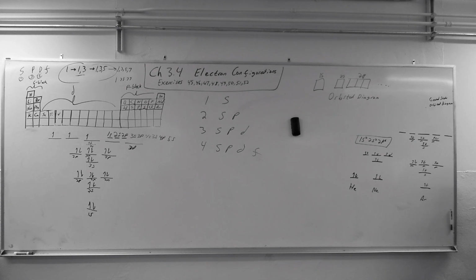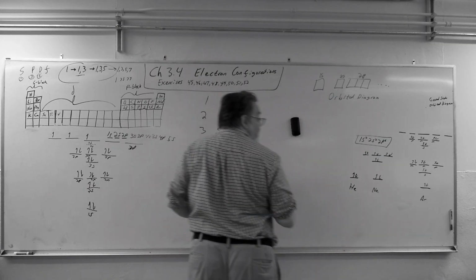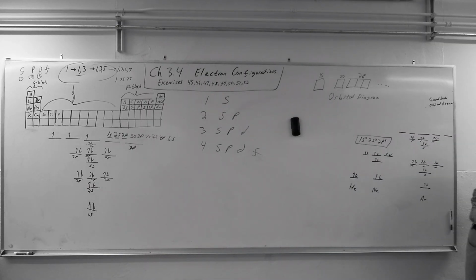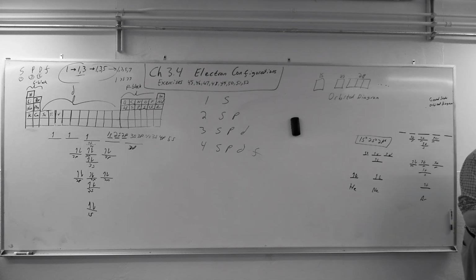So 47 and 48 ask for the diagram. 49. So this is just an exercise to do all. Maybe I should just, that's kind of excessive. 50 is fine, electron configuration of vanadium.